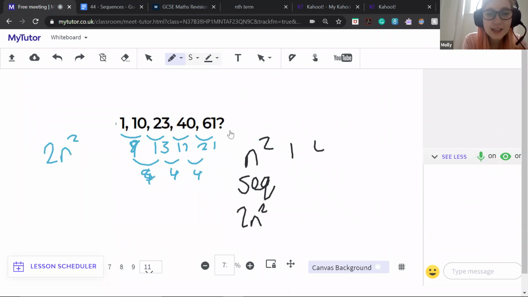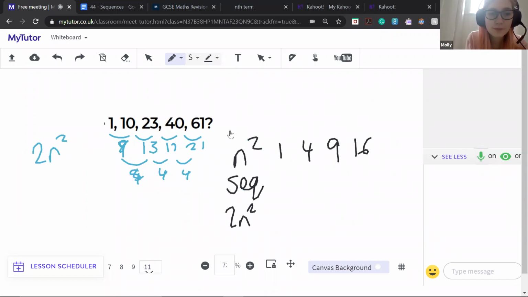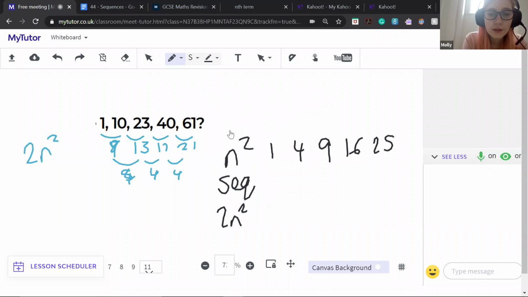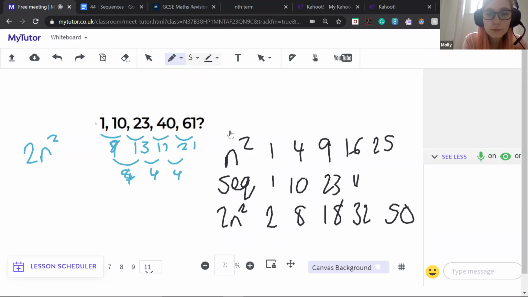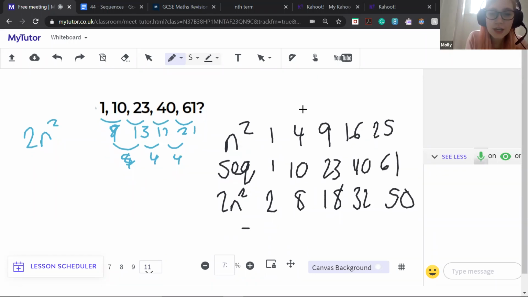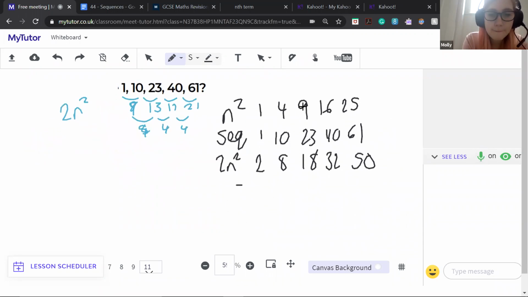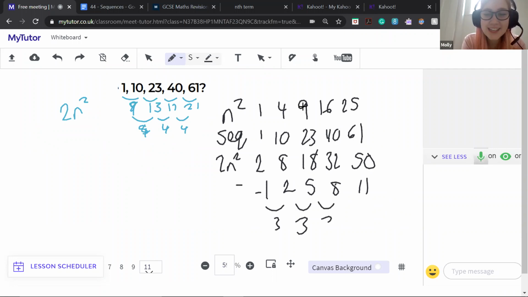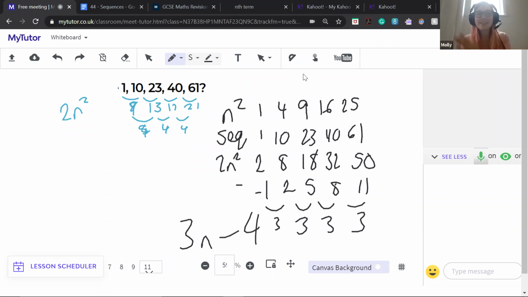We've got n squared being 1, 4, 9, 16, 25, which gives us 2n squareds here. Our sequence, do the subtraction, and we get -1, 2, 5, 8, 11. Differences here of the +3 each time, so it's 3n. If 3n was the first term, it would be 3, but it's not, it's -1, so it's 3n minus 4. 2n squared plus 3n minus 4.